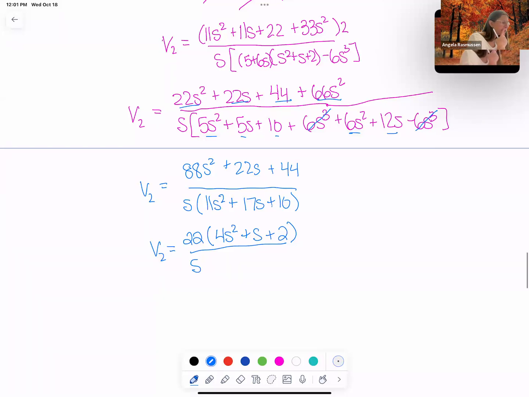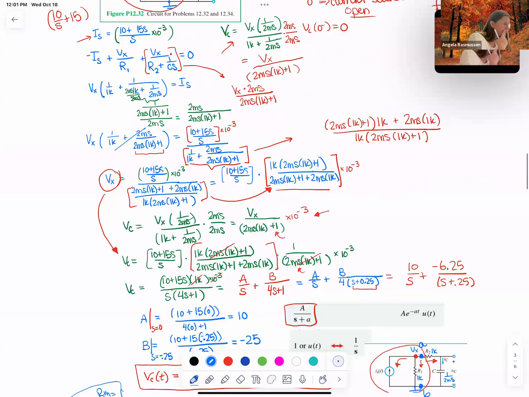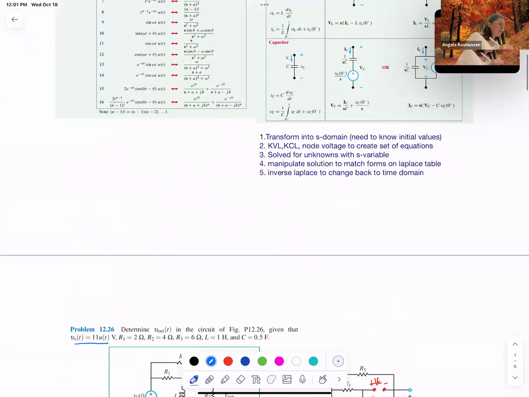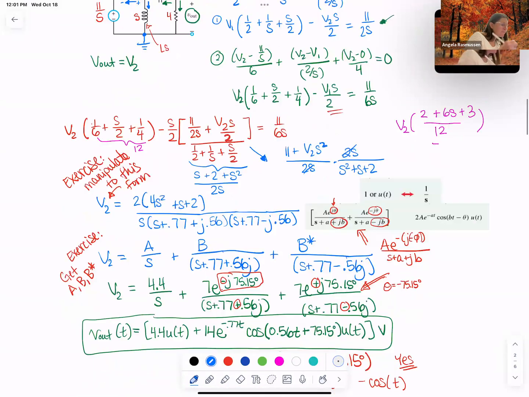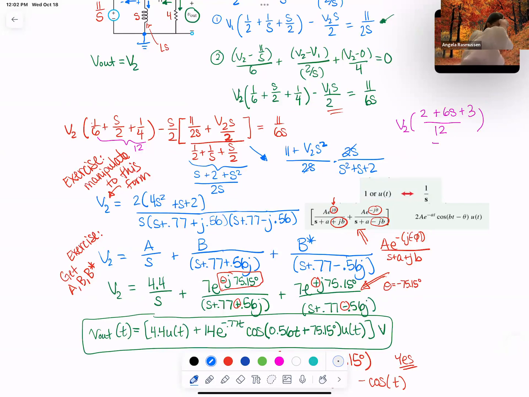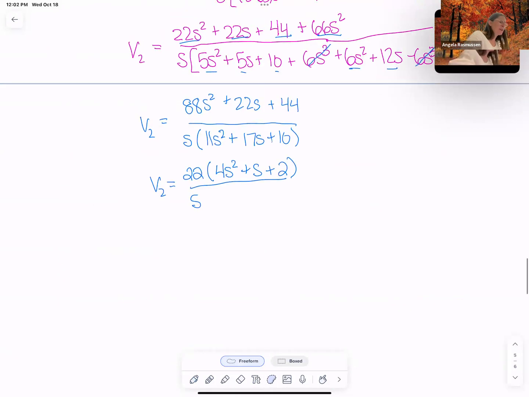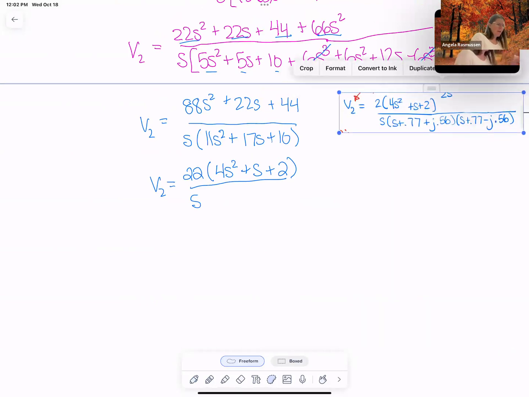I have an error somewhere. Let's see, what did I end up with? Where's s squared plus s plus 2?